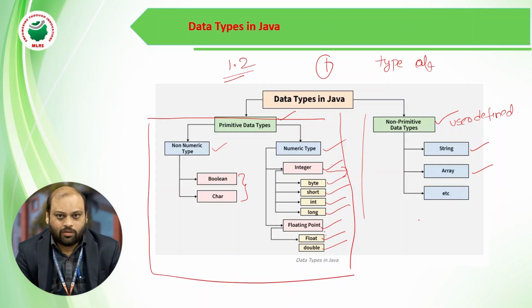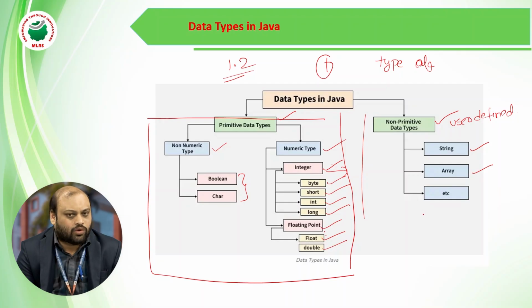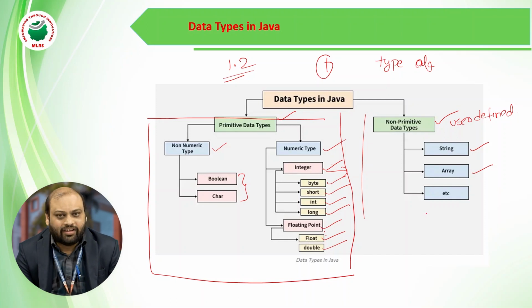It is a very crucial part of any programming language, as well as Java. So here we will see how to declare them, what keyword is used for integral, floating, character and boolean, what the size is, and what the allowed range is.